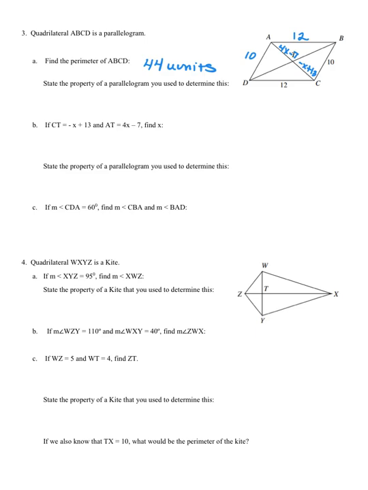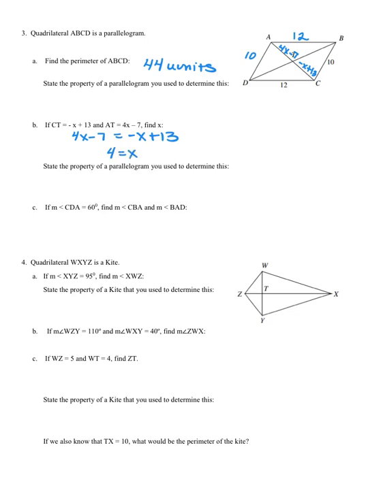So AT is actually the same length as CT, which means we can set those two expressions equal to each other. On the answer key, I go into detail of solving this equation, but in the end, you should find that x is equal to 4.